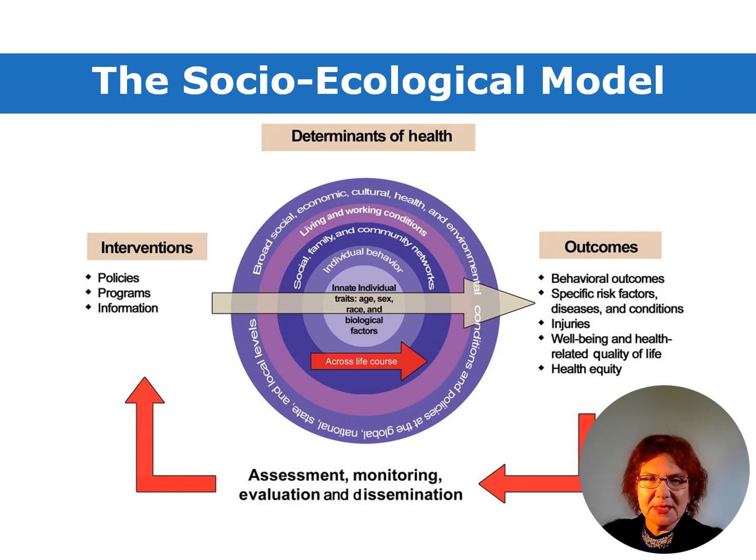So when we're trying to talk about the health of the population, we want to be able to affect things at all different levels of the socio-ecological model that determine health outcomes.